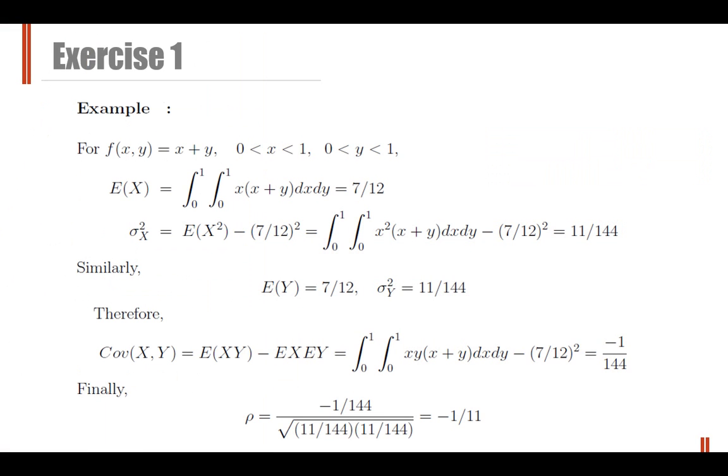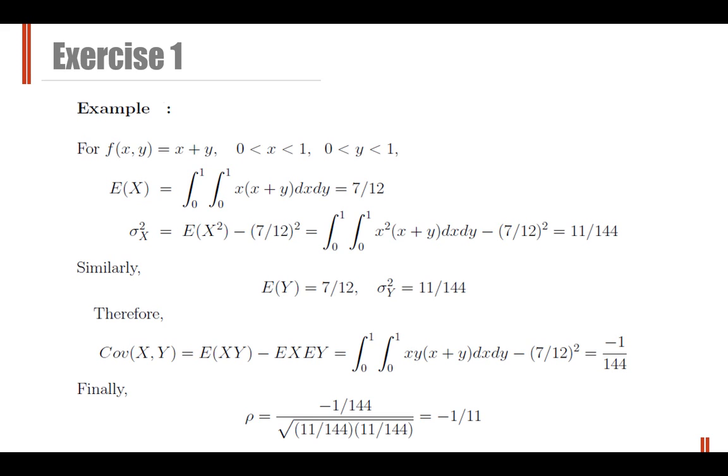And part 4. There are two exercises to show how we can calculate the covariance and the correlation coefficient of different functions. Exercise 1 shows us how we can calculate the covariance and correlation coefficient of continuous random variables. For the joint function of X and Y, we can use it to calculate the expectation of X and the variance of X. Similarly, we can also calculate the expectation of Y and the variance of it.